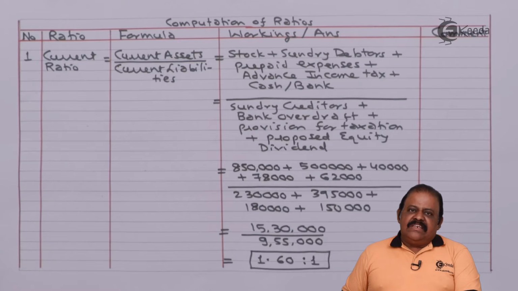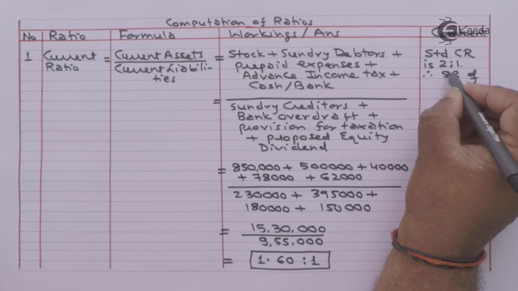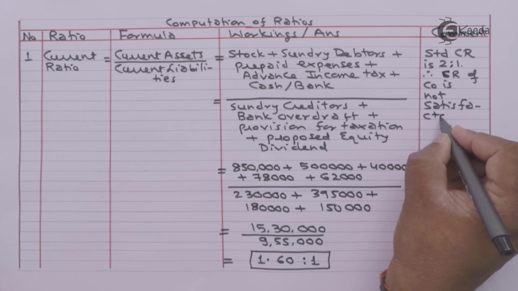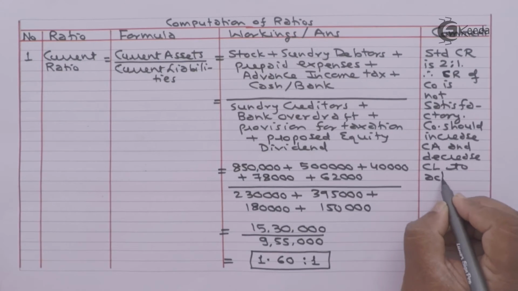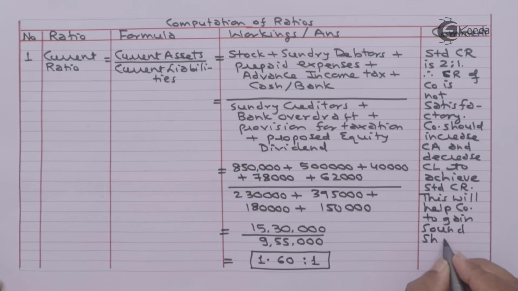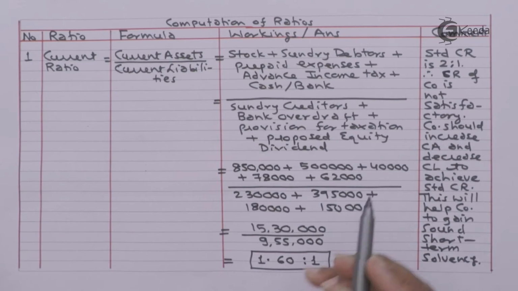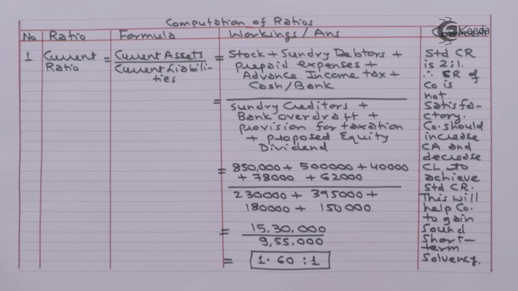Company has to either increase current assets or decrease current liabilities or do both to have standard current ratio.